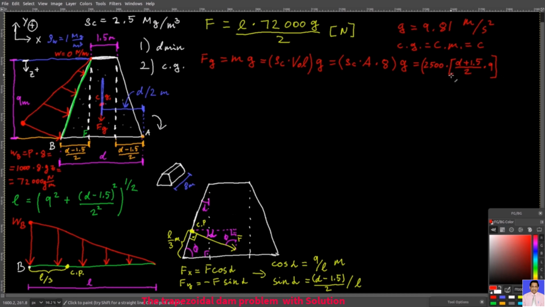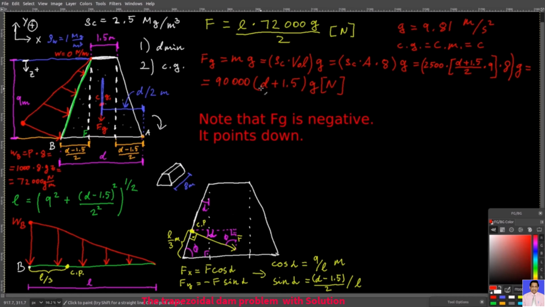It's just a formula of a trapezoidal area. And now I will have times 8 here, and now I will have g here, and so you have 90,000 times (d + 1.5) times g, that's in newtons, and that's your force of gravity.